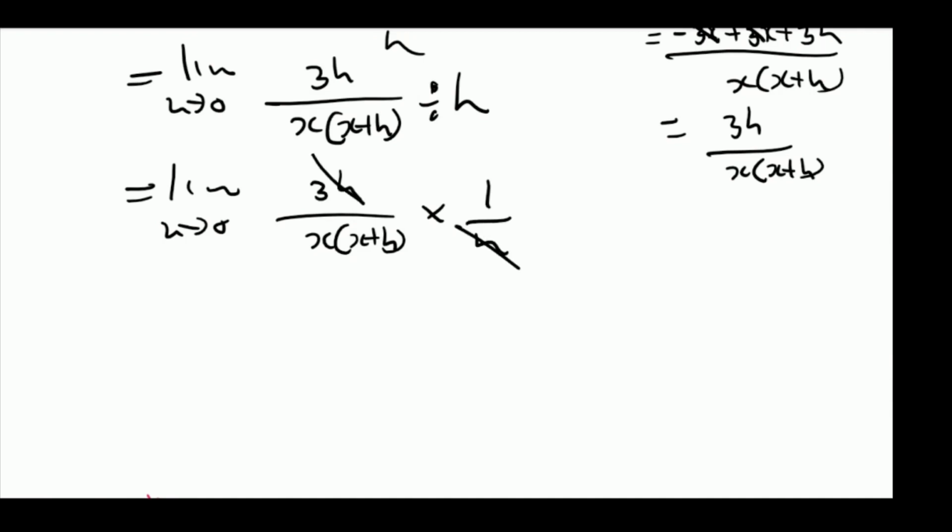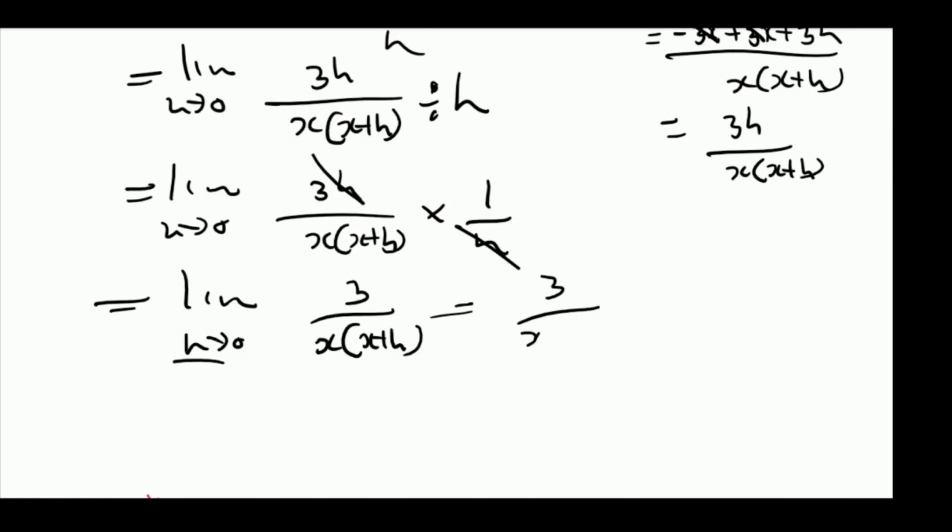So this h cancels out with that h. We remain with the limit when h approaches 0 of 3 over x into x plus h. So we're going to substitute this 0 here. So it's going to be 3 over x into x plus 0, and then we'll remain with 3 over x squared. So this is going to be our derivative.